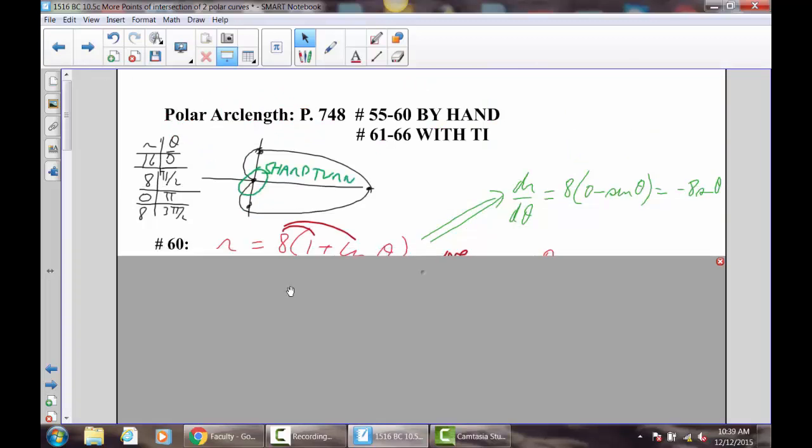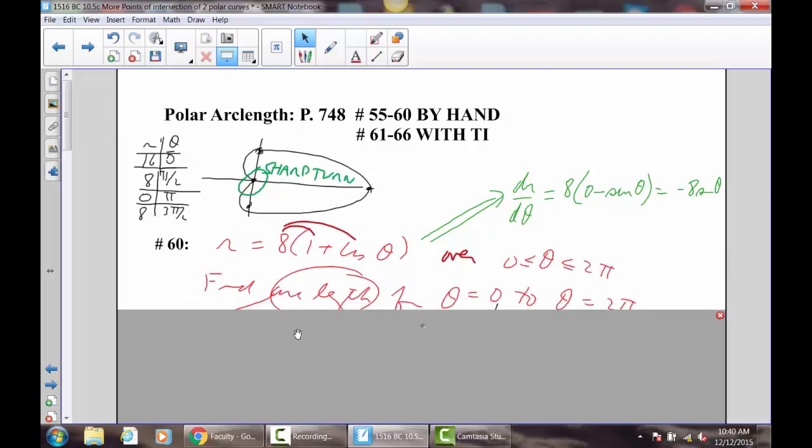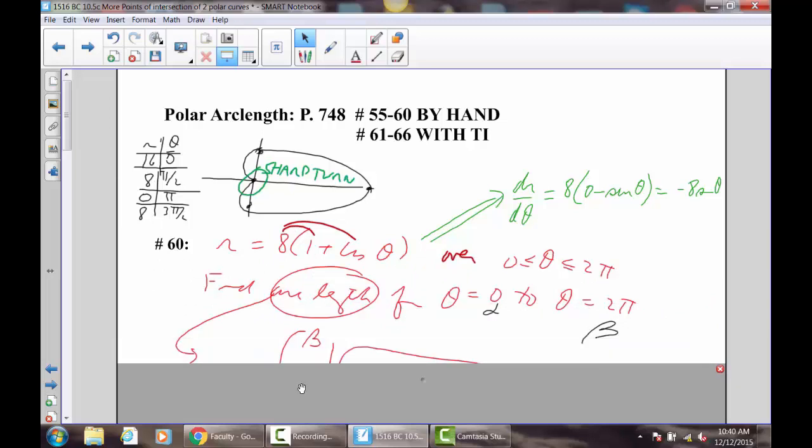55 through 60 are by hand, and 61 through 66 are with the TI, and we're dealing with polar arc length. Okay, so number 60, it's asking you to find the arc length of the entire cardioid. You have to notice that there's a sharp turn here, and because we're going to be integrating, we can't integrate across a sharp turn.